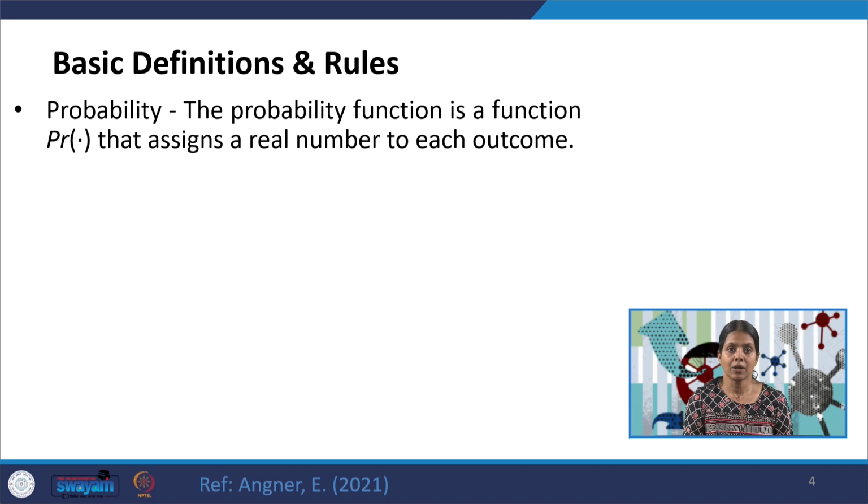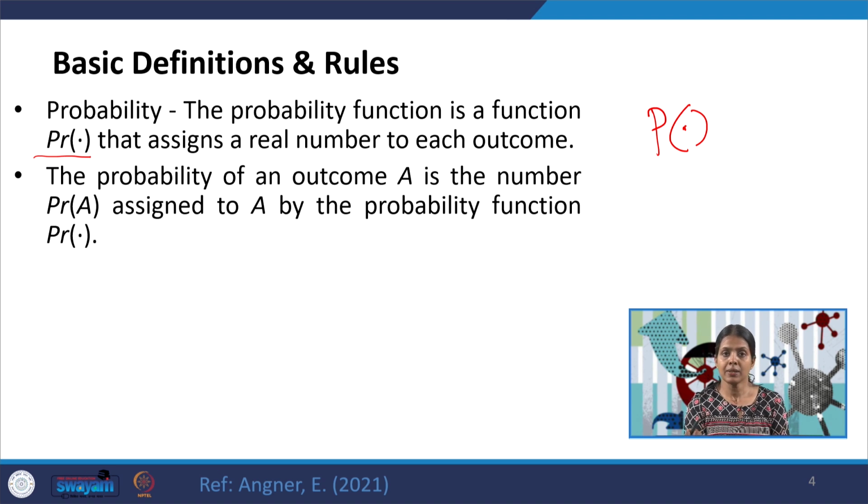Now, talking about probability, how do we define probability? The probability function is a function which is written like PR. At times it is also written as simply P, that assigns a real number to each outcome, and that real number is basically probability. The probability of an outcome A is the number PR(A) assigned to the outcome A by the probability function PR.